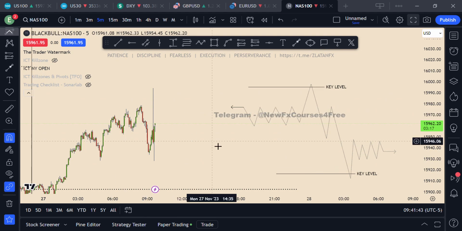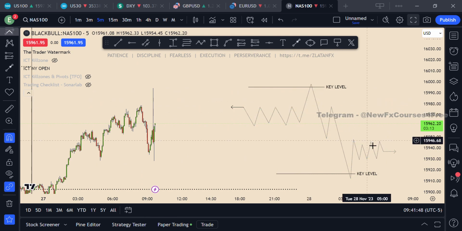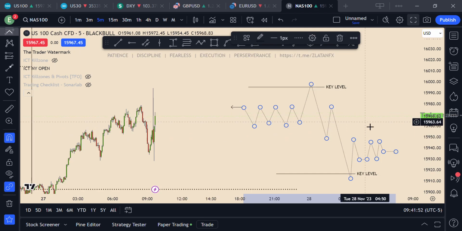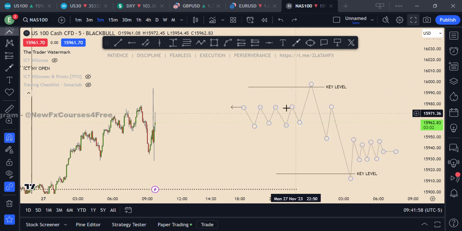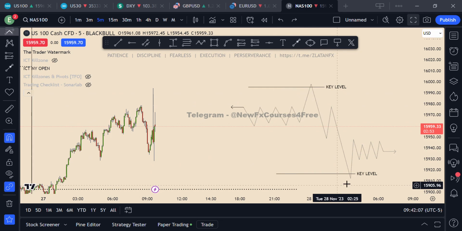Now this can be visualized or used for any time frame. This can be used for any candlestick. What do I mean? Open, high, low, close.